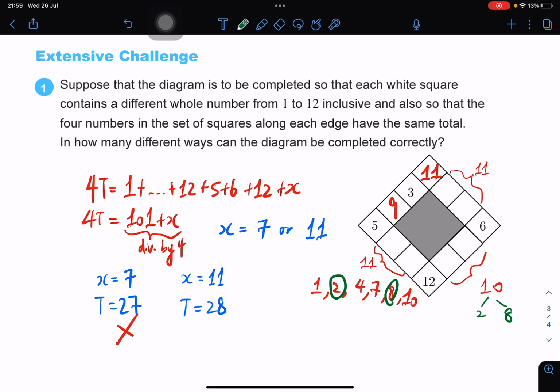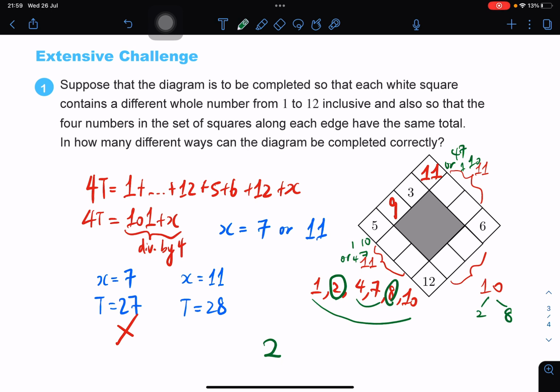However, for 11, I have 2 sets of them, 1, 10 and 4, 7. So it means that first of all, I will have 2 ways to put the 2 pairs of 11s, right? It's either 1, 10, 4, 7 or 4, 7, 1, 10. So there will be 2 ways to arrange them already.